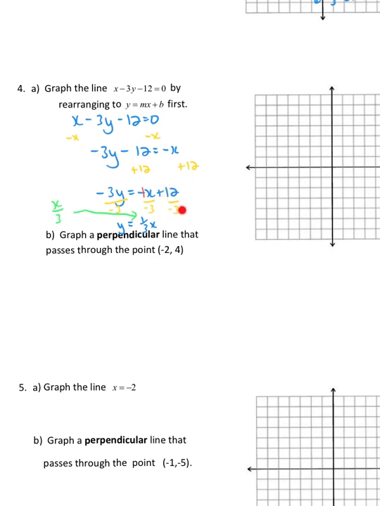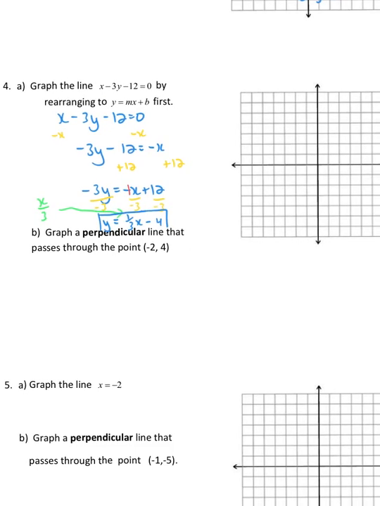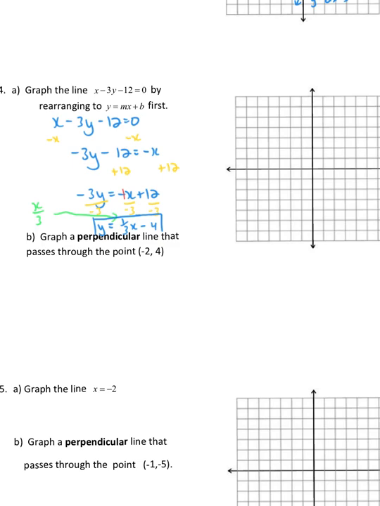And then your second term is +12 divided by -3. Positive divided by negative is negative. 12 divided by 3 is 4. So that is the equation of your first line that you're asked to graph. So here we can see that the slope is 1/3 and the b value is -4.